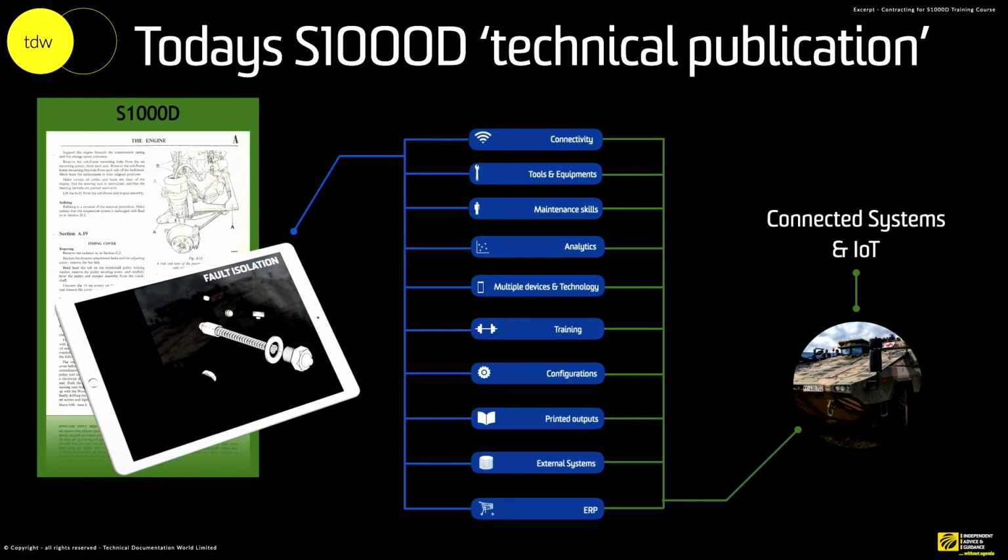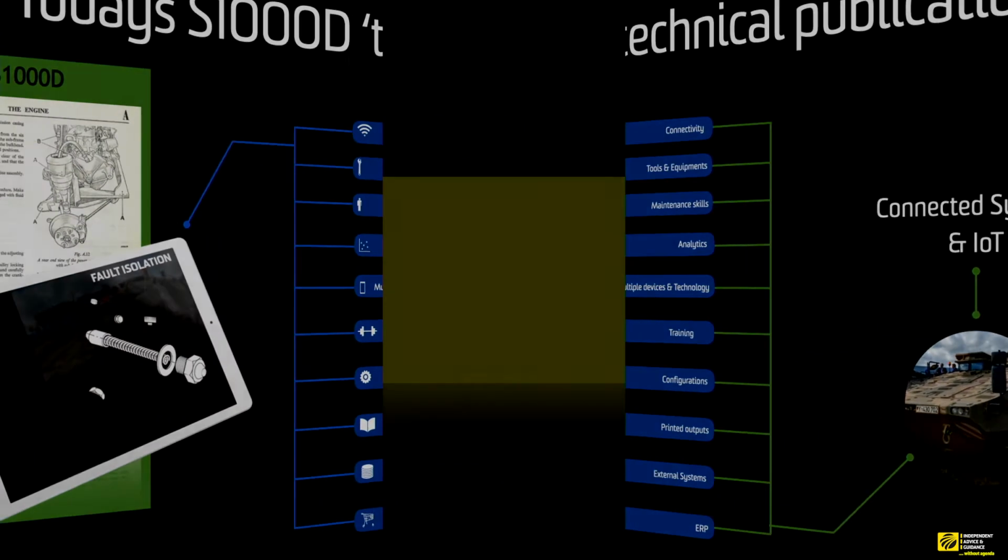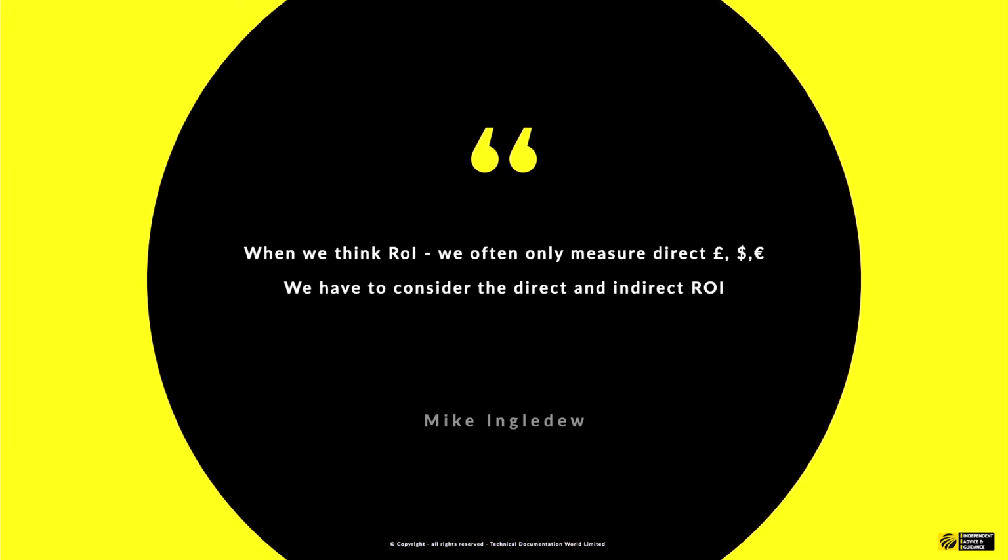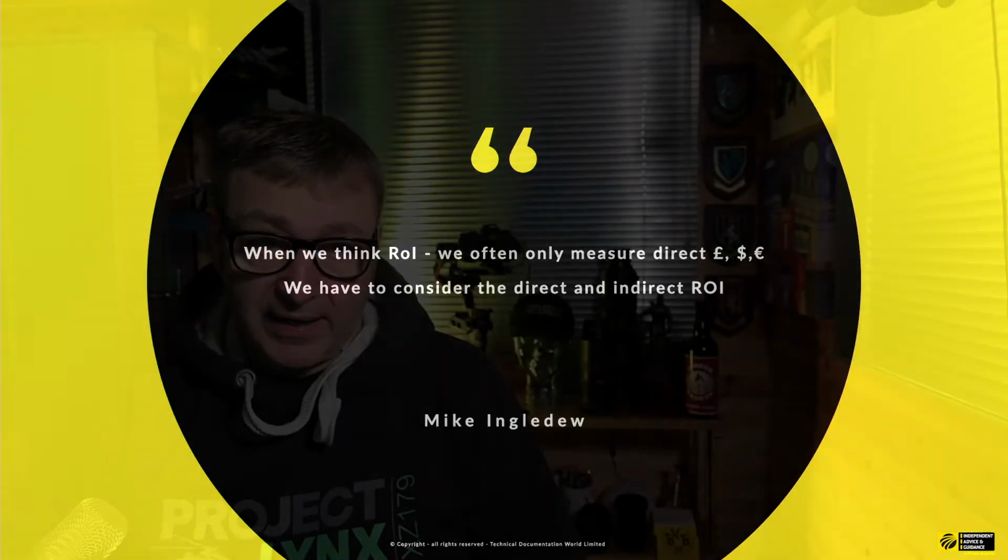Today's S1000D technical publication actually gives us much more in terms of configuration control, in terms of interaction, in the way that we can connect our systems and our platforms to other environments. So the problem is that we still measure ROI in terms of pounds, dollars, and euros, and we have to consider both the indirect and the direct ROI.